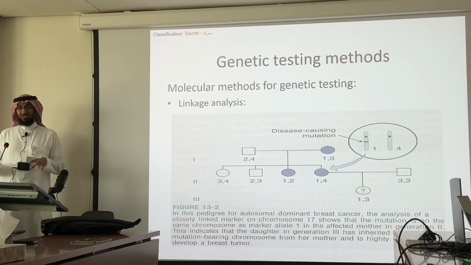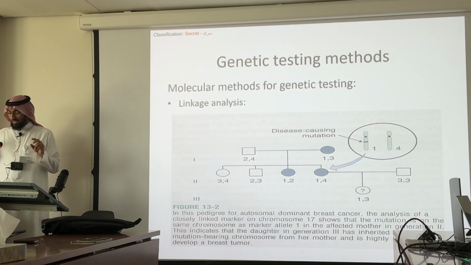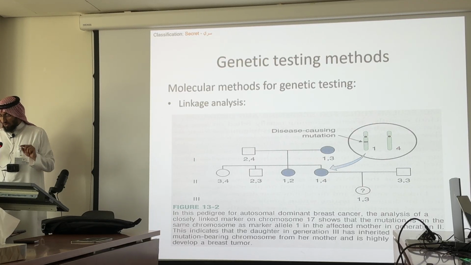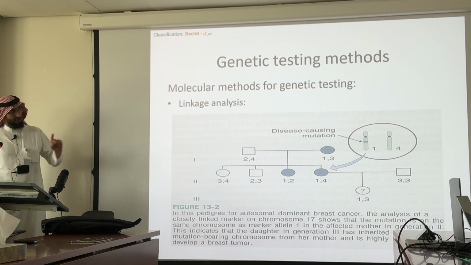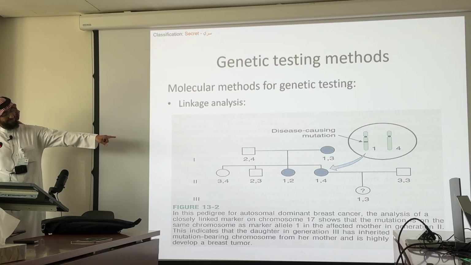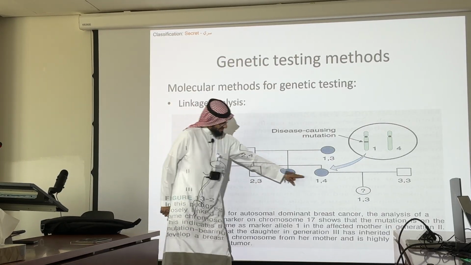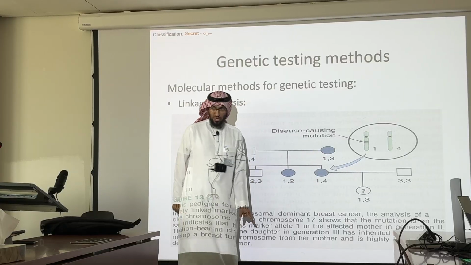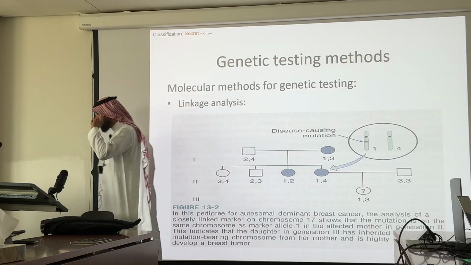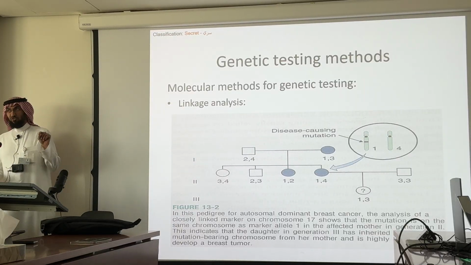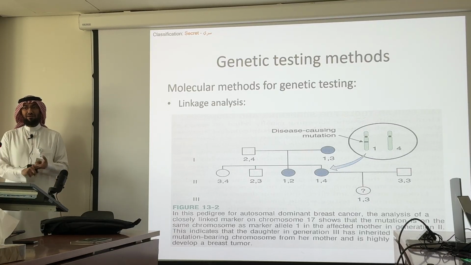You go back and you study the linkage of this family, and you noticed that any lady who inherited the allele number 1 developed breast cancer. Which indicates that the mutation which caused breast cancer is linked to the allele number 1.